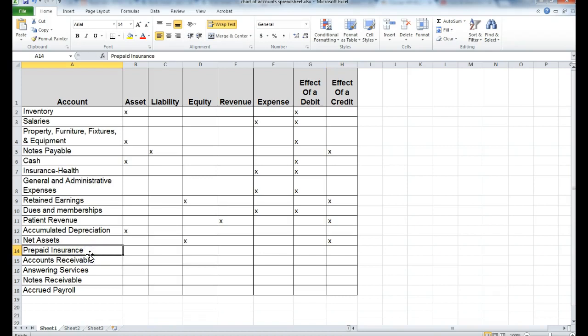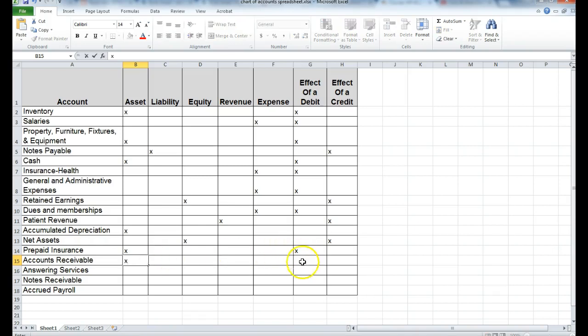Prepaid insurance. Anytime we have a prepaid, that means we paid for something in advance. So insurance, we do that a lot in healthcare with malpractice insurance, workers' comp insurance, and so forth. And so that would be an asset, and the effect of that would be an increase with a debit. Accounts receivable, as we know, is when we have performed services but we don't get paid for them at that time. We're going to bill and get paid later, so we are going to receive money later.